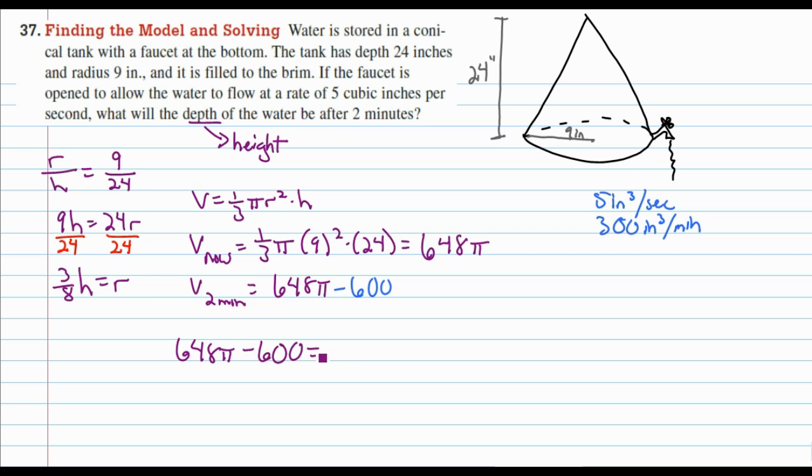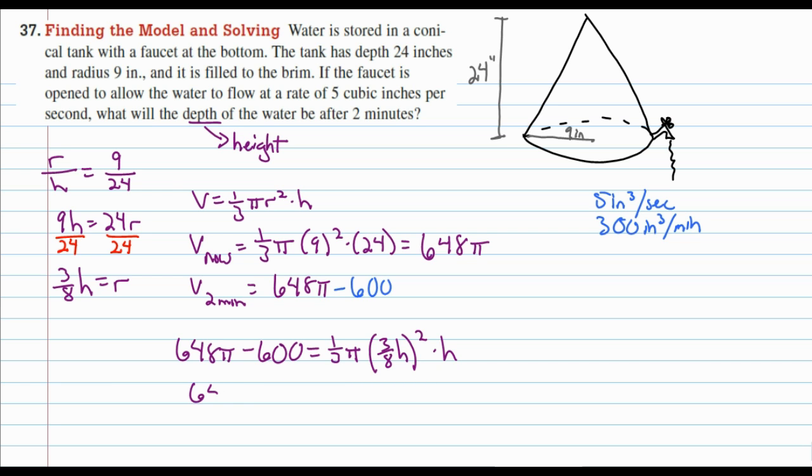All right. So that's going to be my new volume, 648 pi minus 600, and that's going to equal 1/3 pi r squared times height, but I don't want r. I want height. I only want height. So I'm going to do 3/8 h squared times h. So now my volume is a function of height. I can just solve for height.